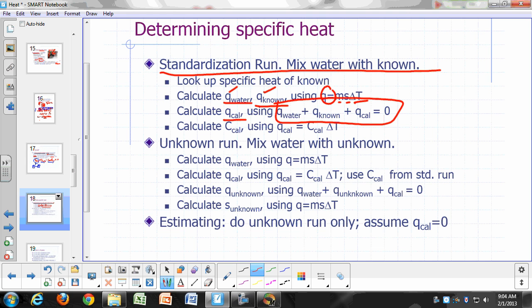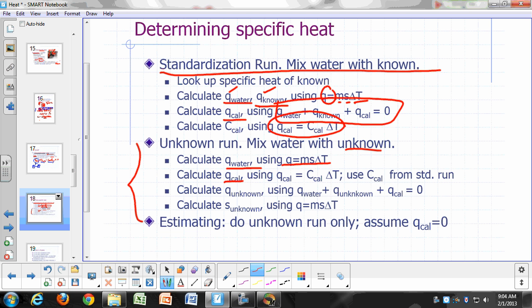Once you know your Q cal, you can solve for your C cal. Q cal is C cal times delta T. Delta T is something you measure. So once you know your calorimeter constant, you can do an unknown run with that calorimeter. So again, you mix your unknown with water, and so that will give you Q for the water from the measurement of your temperature change.